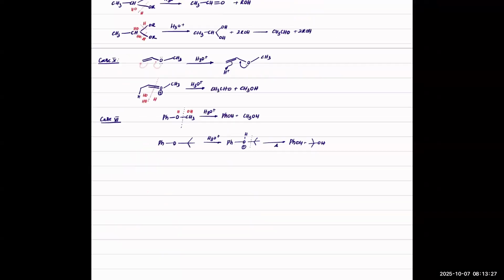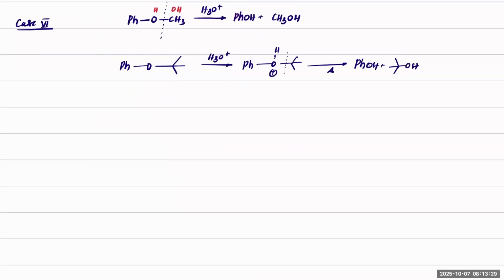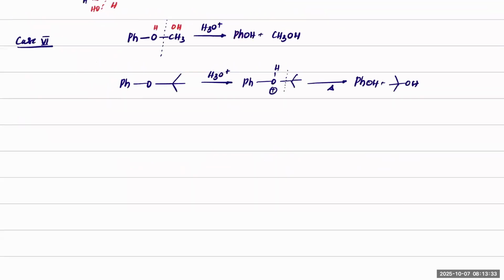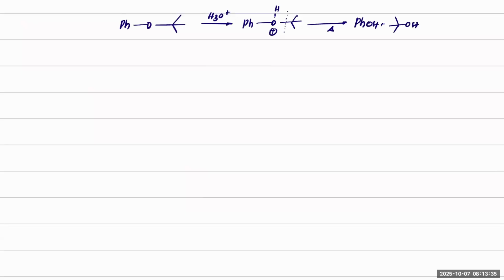Same way, we will have the cases for HI also. So, reactions with HI. The first case is, if you have any R, O, R dash and you are reacting with HI.